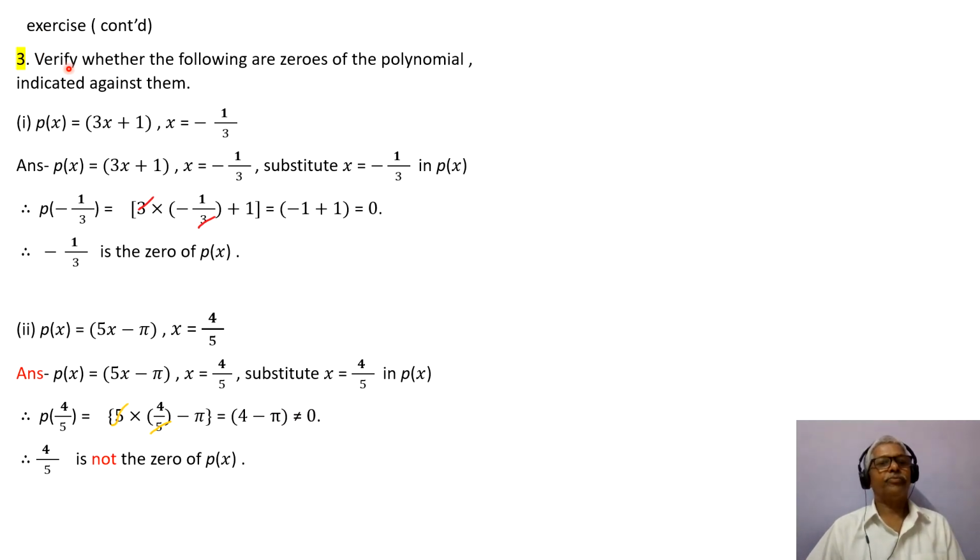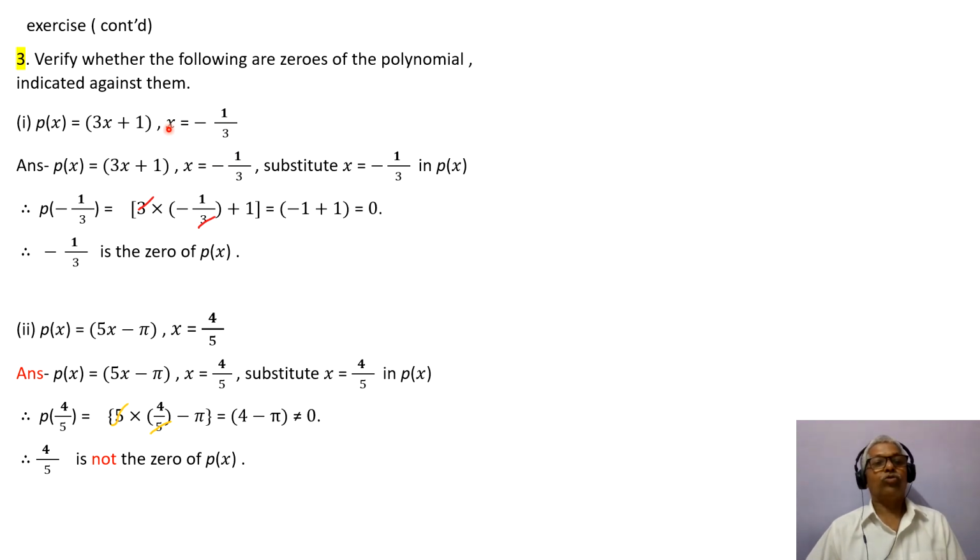Exercise continued. Third one, verify whether the following are zeros of the polynomial indicated against them. Okay, what's the meaning of this? We'll get it clear from this example. First one, p(x) is equal to 3x plus 1 and the value of x given is x equal to minus 1 upon 3.